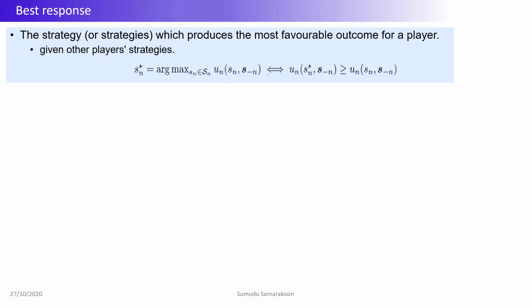This is the utility, and the certain strategy selected by player N that maximizes his utility is the best response. In other words, there exists a certain strategy that provides a payoff that is either equal or higher than all other payoffs that the player gets by playing all different strategies.